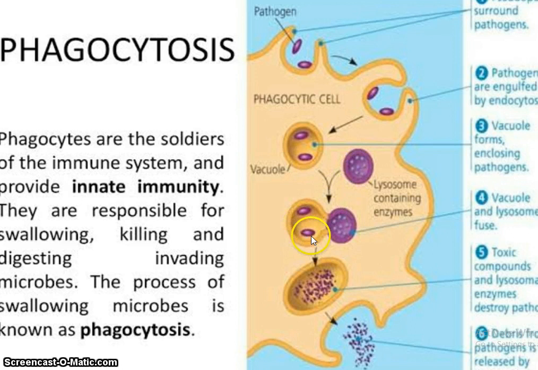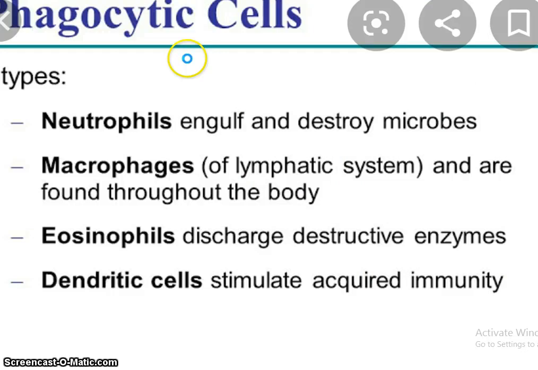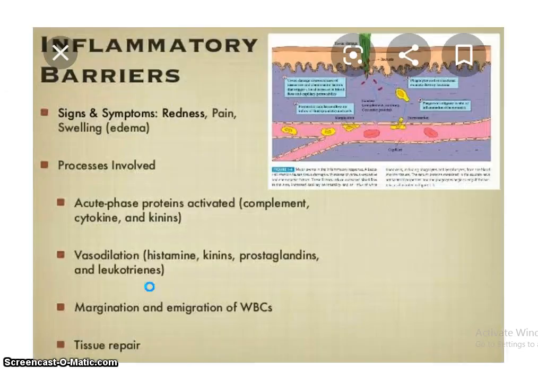Because of these hydrolytic enzymes, the body of the pathogen is digested, and the remaining debris is released from the cell to the outside. This process is called phagocytosis. Some phagocytic cells in our body are neutrophils, macrophages, eosinophils and dendritic cells, which also help in phagocytosis.